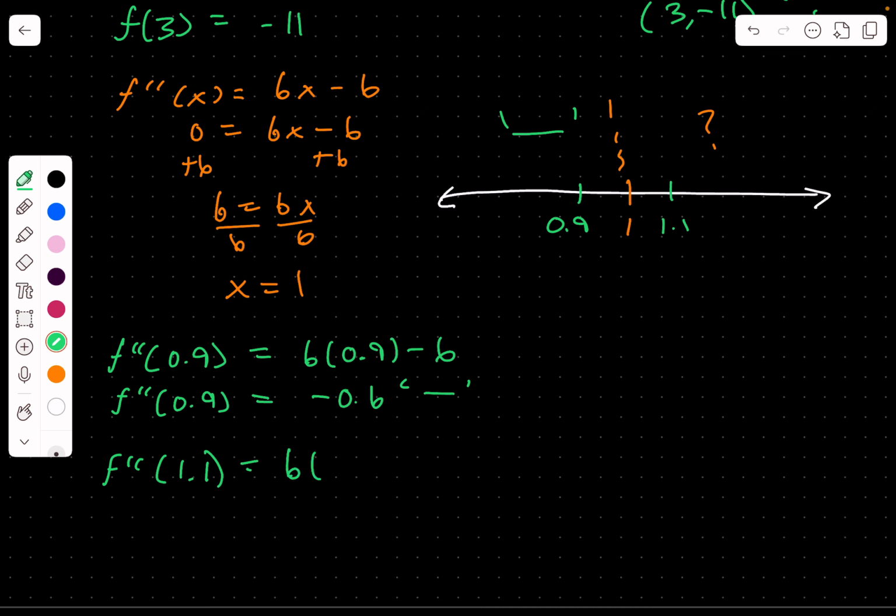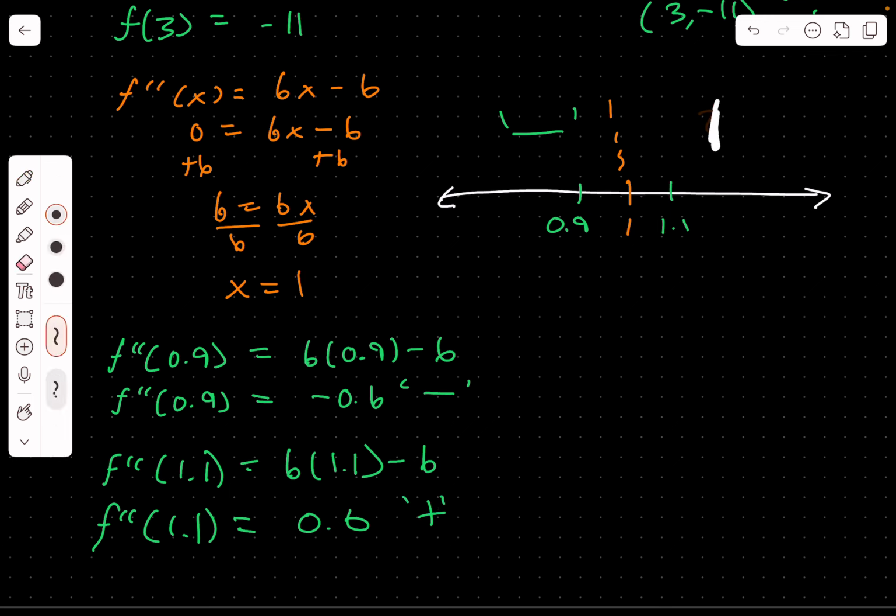We get 6 times 1.1 minus 6. When you plug this into a calculator, we get a 0.6, which is positive. Now, if we see, there is indeed a change in signs. Therefore, this is an inflection point. So we can proceed to find the matching pair for it.